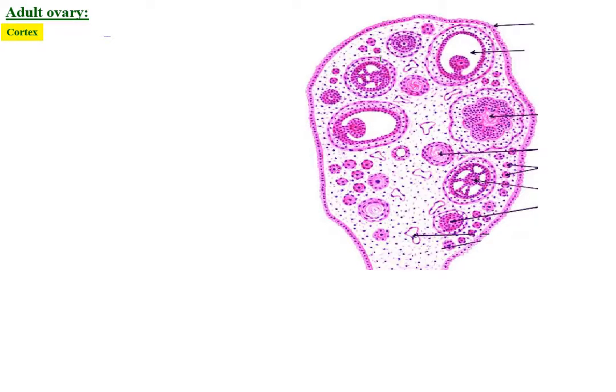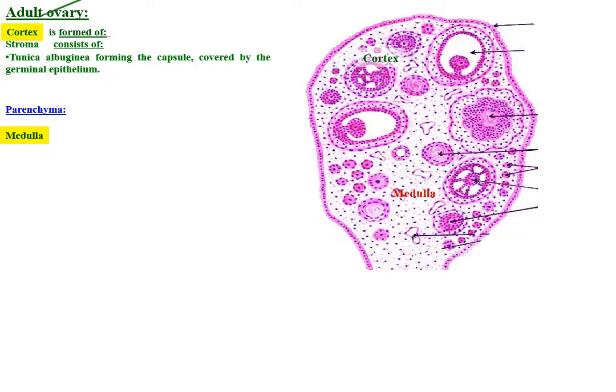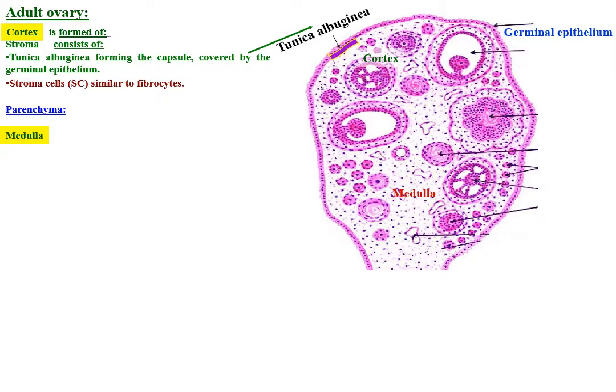The adult ovary consists of cortex and medulla. Cortex is formed of stroma and parenchyma. Stroma of the ovary consists of tunica albuginea forming the capsule covered by the germinal epithelium, stromal cells similar to fibrocytes, and reticular stroma formed of reticular cells and fibers.